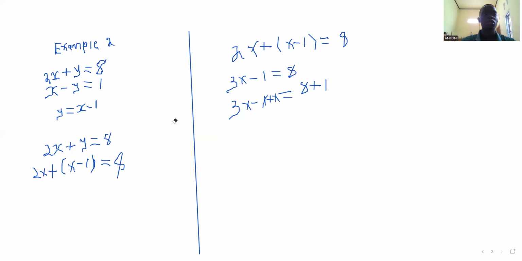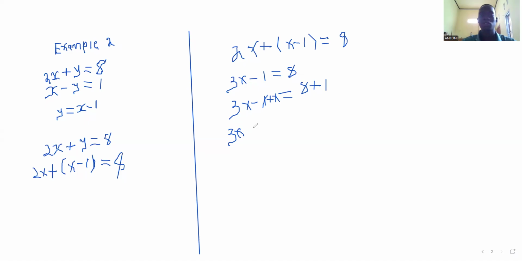It is going to give us 3x. So 3x, if you add 8 plus 1, is going to give us 9.